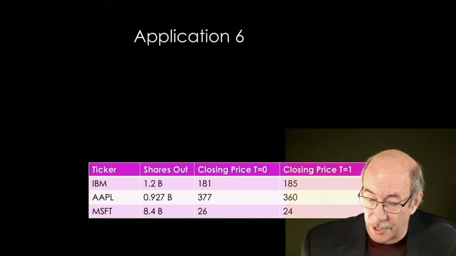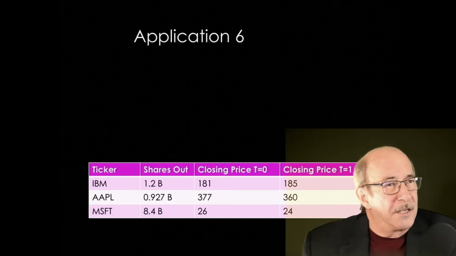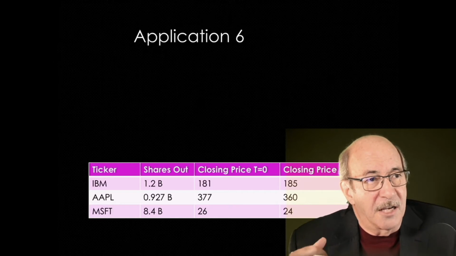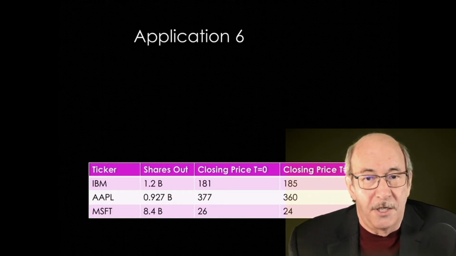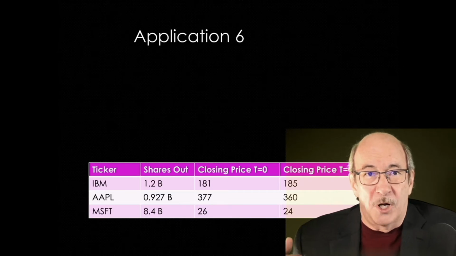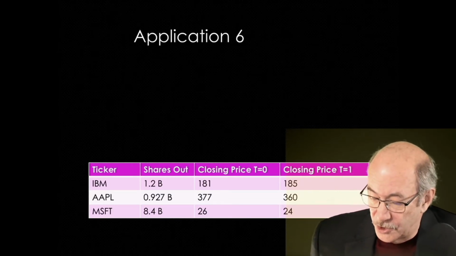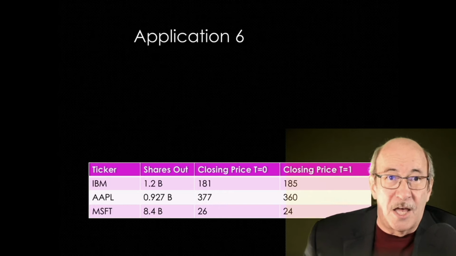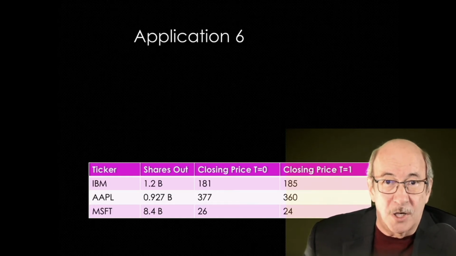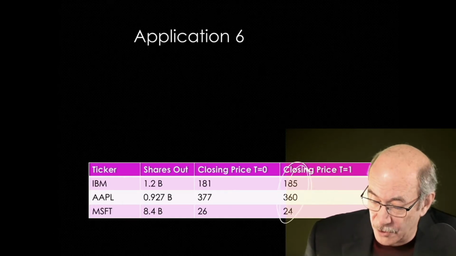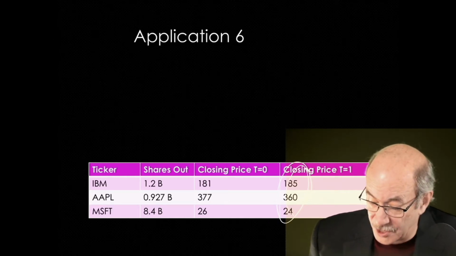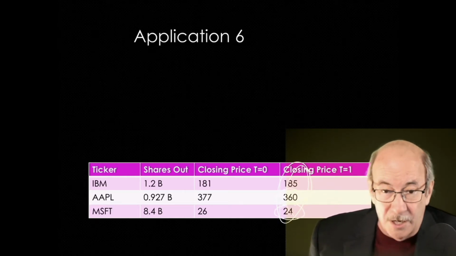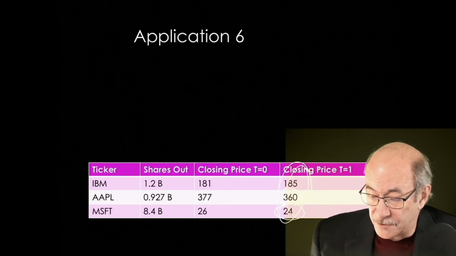I think the problem said that the stock split occurs after the close of market on day 1 and before the open of the market on day 2. So if we were calculating the value of the index at close of market day 1, we'd be using these prices right here. So the 360 and the 24 are Apple and Microsoft's price.